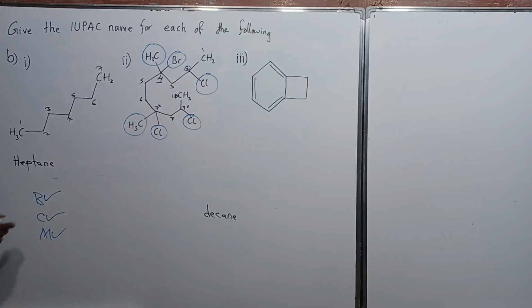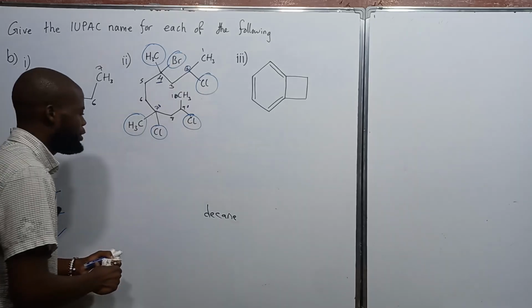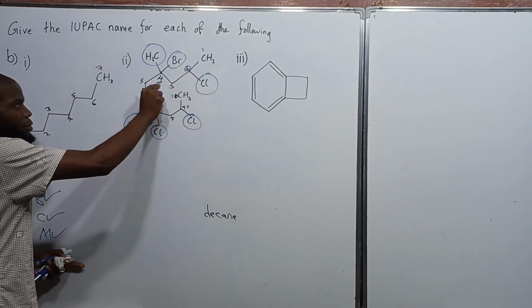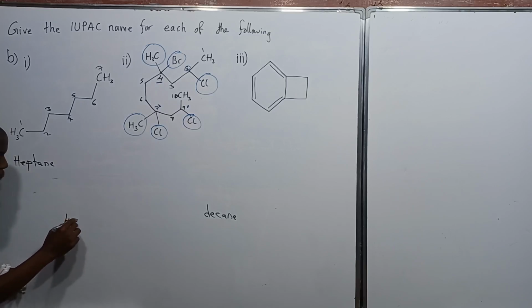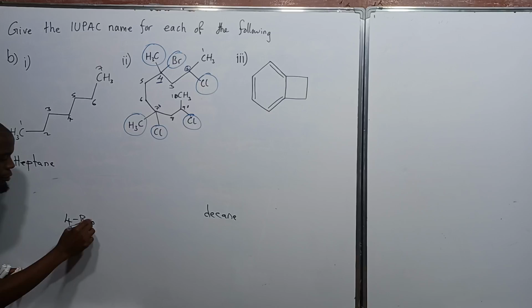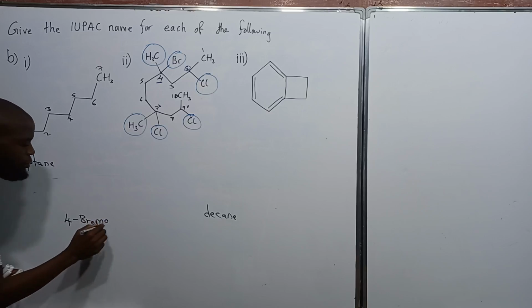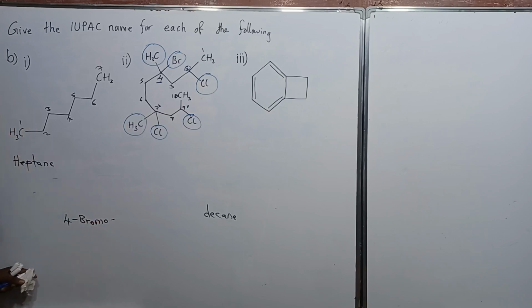So we identify the location for the attachment of the bromo. The bromo is attached at carbon number 4. So this compound is going to become 4-bromo.